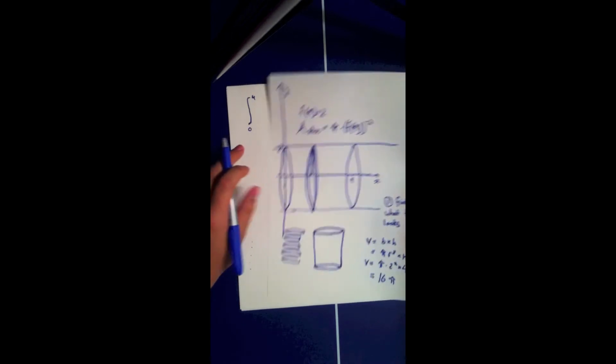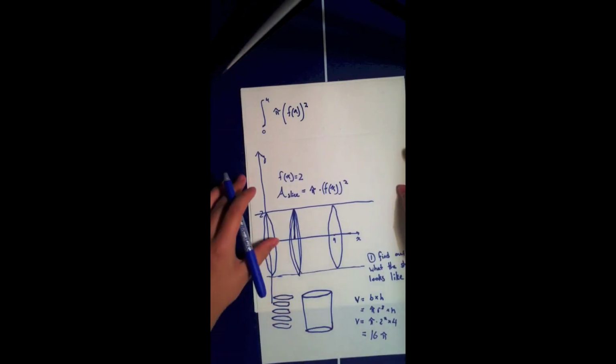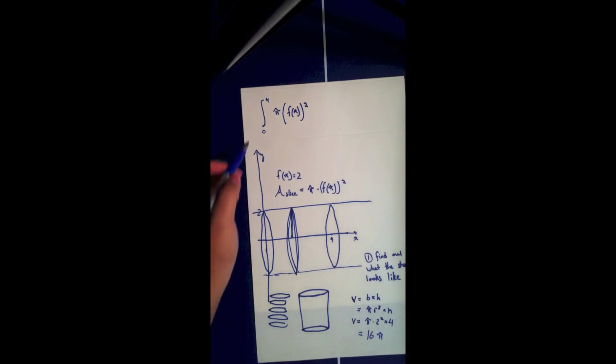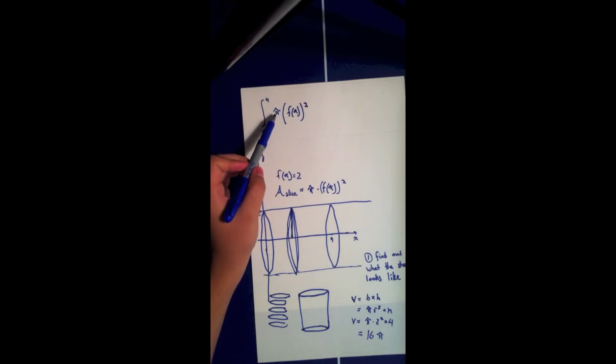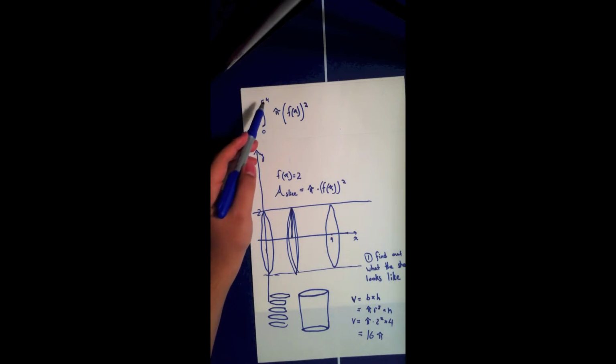This is the first important step. Now, this area of the slice goes into our integral expression. So we're interested in the volume between 0 and 4 of the slice, pi times f of x squared. If we take an infinite number of these circles and pack them in between 0 and 4, what's the volume?